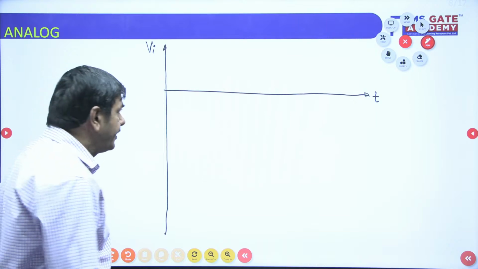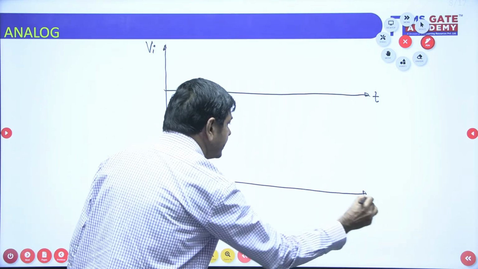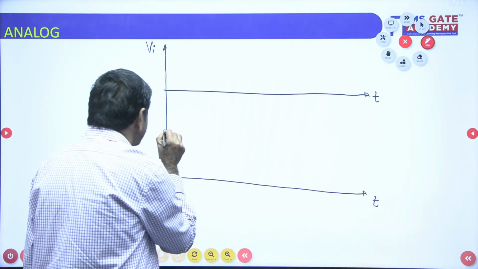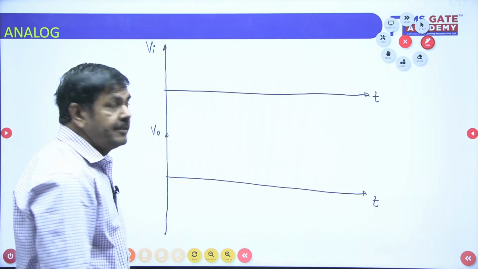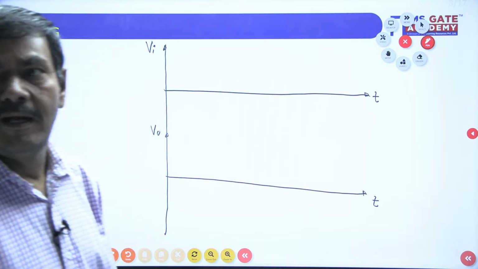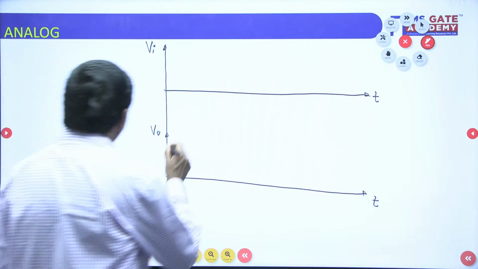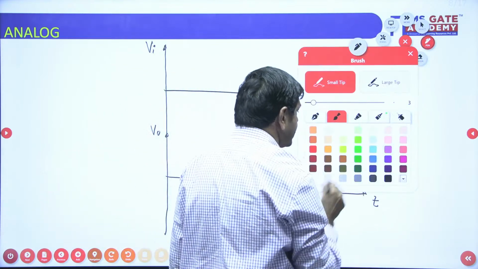But I want to get V0. This is T, this is V0. The input Vi, I said already, is a sinusoidal waveform. How is this sinusoidal waveform to be plotted here? I can draw it like this.